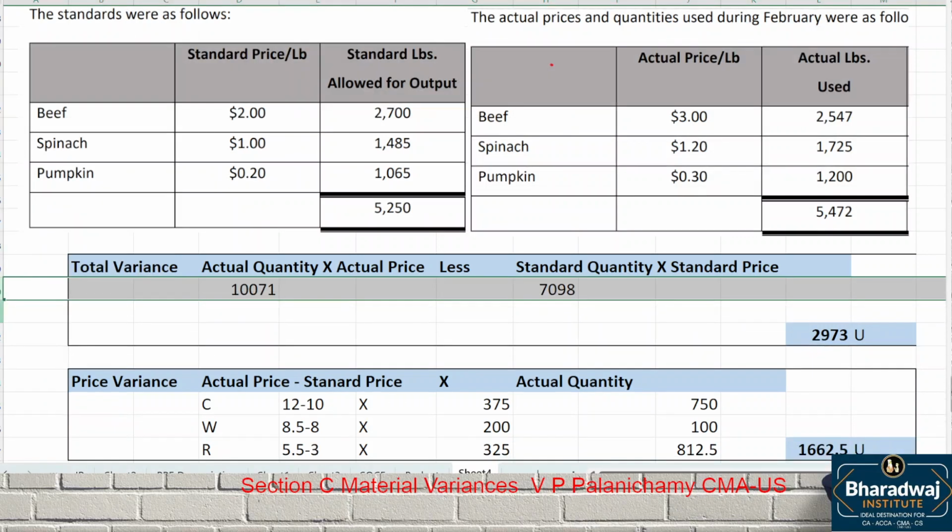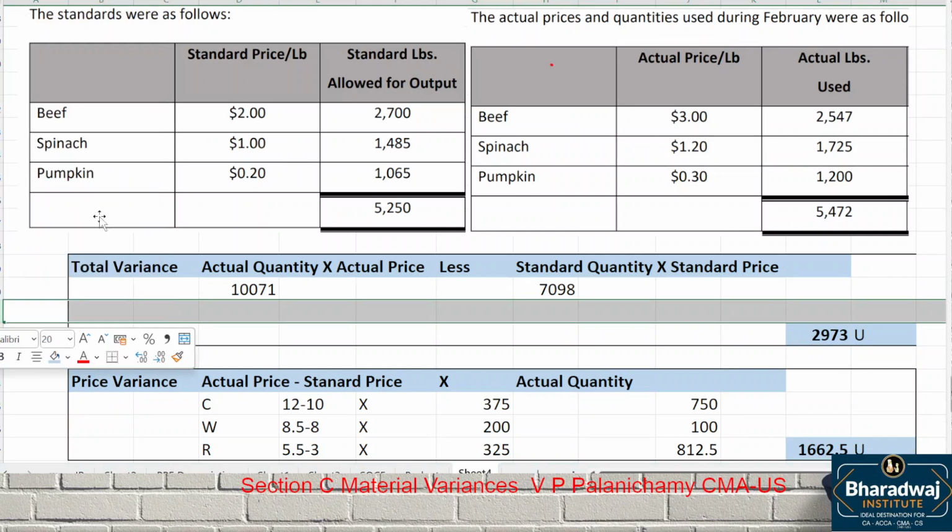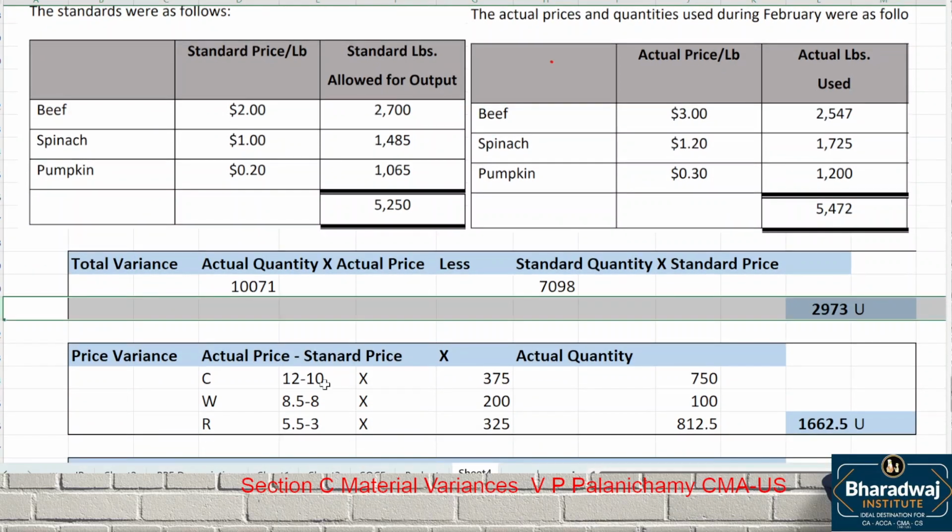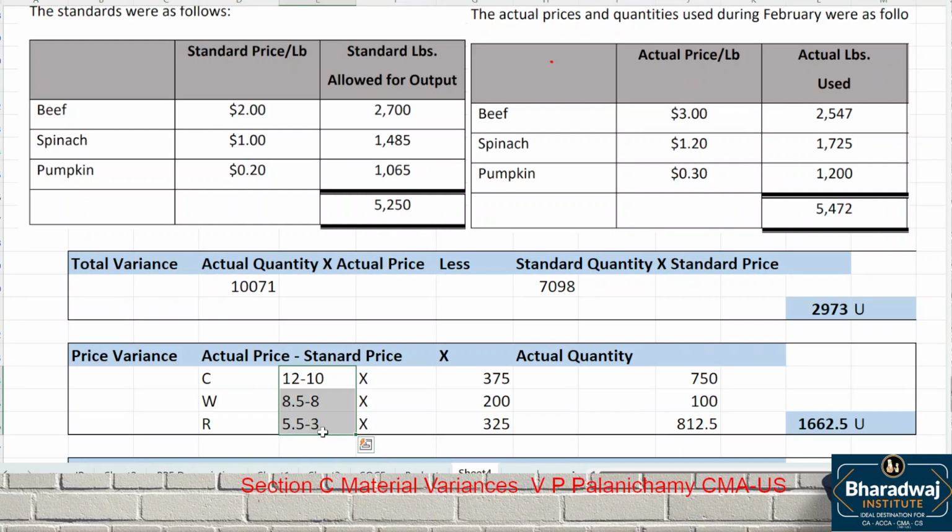Actual quantity into actual price minus standard quantity into standard price, the difference is unfavorable. Price variance is the difference between actual price and standard price, into actual quantity.